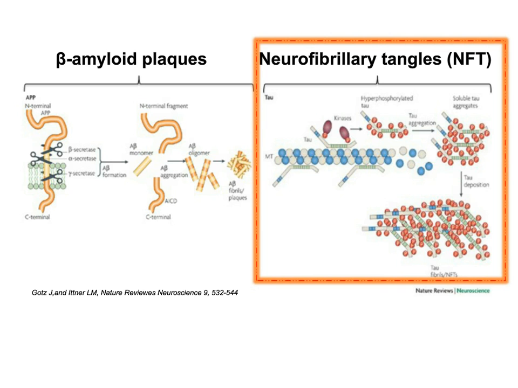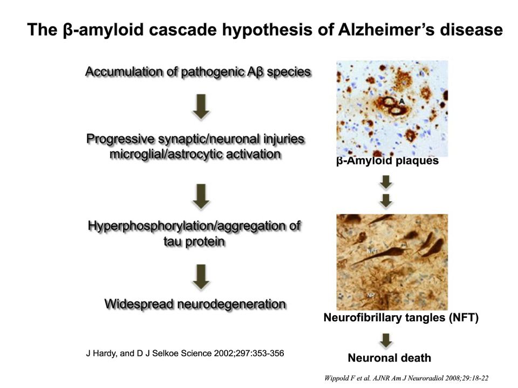So next, the immediate question is how beta amyloid plaque and NFT contribute to the pathogenesis of AD. The beta amyloid cascade hypothesis of Alzheimer's has been reigning for the last 2 decades.